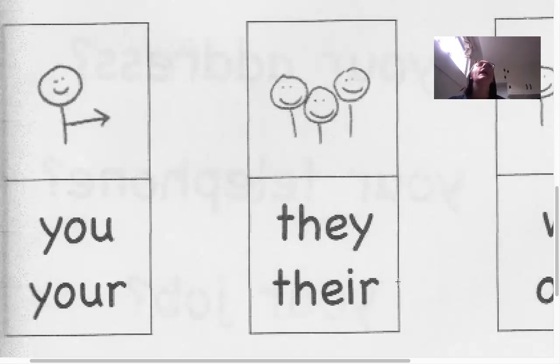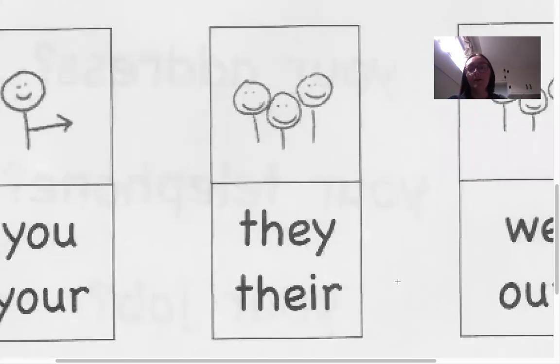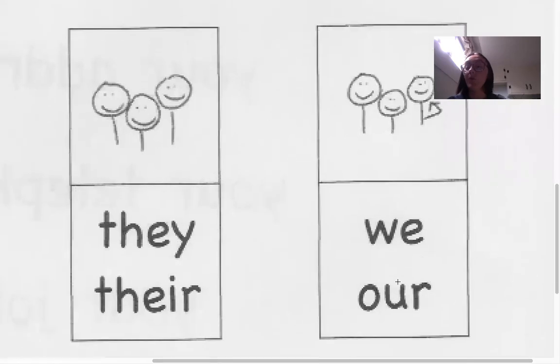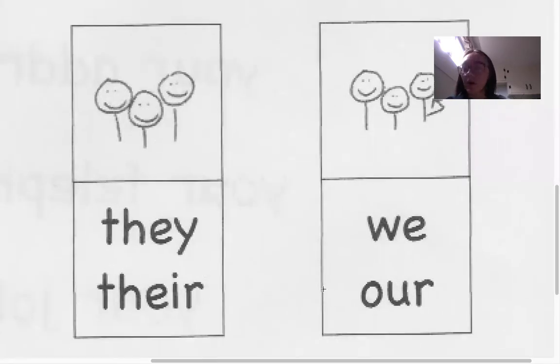You can say they left their phone, right? You can also use we or our. We are a family. Our house is in Salt Lake, right? We are friends. Our favorite place is the movies.